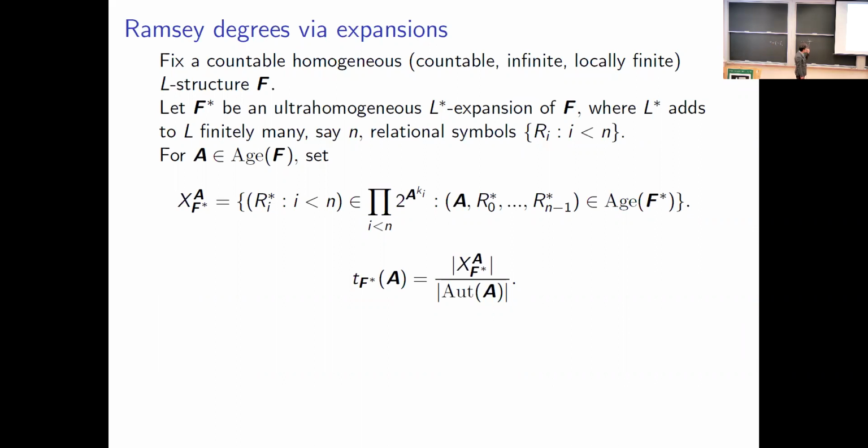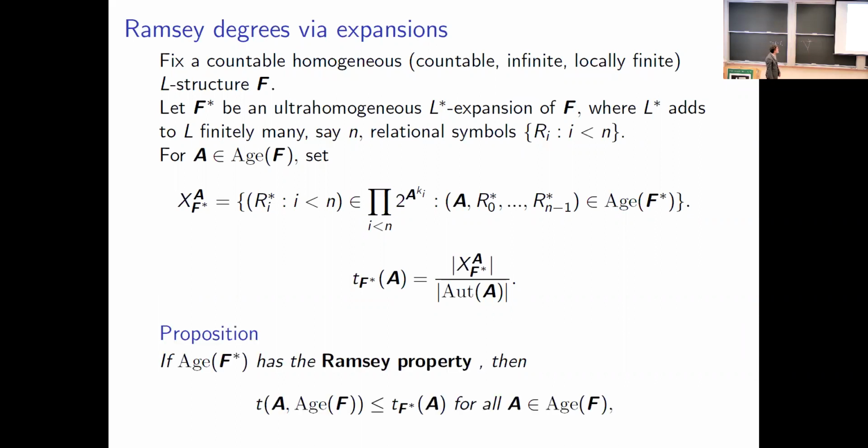Here I want to point out that it is obviously a finite number. Of course, it may be completely irrelevant for you, because you simply expanded and you are hoping that this is going to do something for you. It's finite; this is a good sign, and that's the promising thing. If you prove that this expansion has the Ramsey property, which is what people do, then this gives you an upper bound on the actual degree.